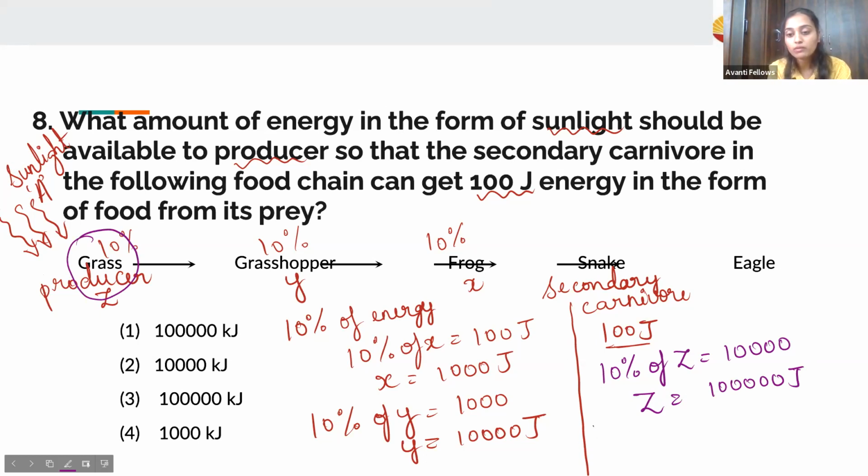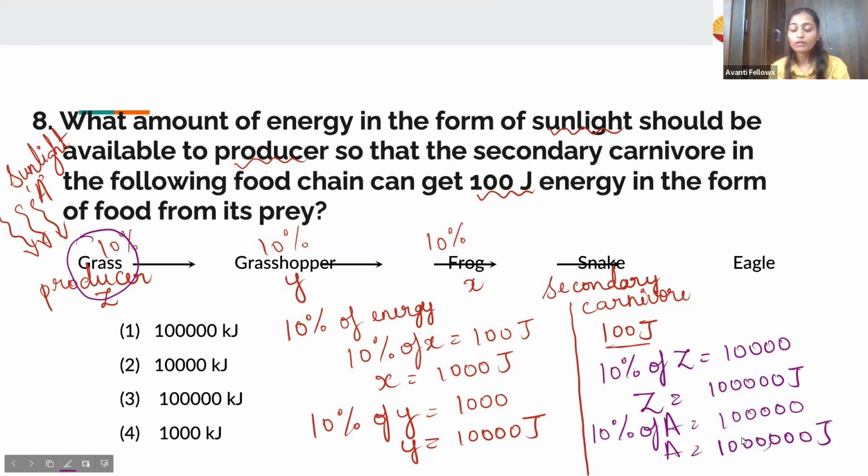So 10% of the sunlight energy will be the energy of the grass, that is 1 lakh. So the energy of the sunlight will be 10 lakh joule. Correct?